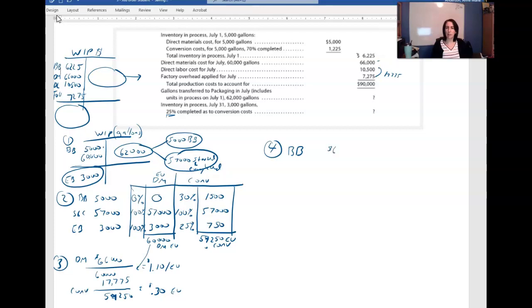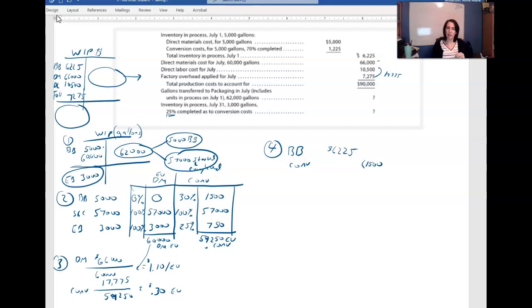So we're going to start off with a 6,225. And what we're looking at is what did it cost us to finish them. Well, they didn't need any direct materials, right? They had no direct materials, but they did require a bit more conversion costs. So the conversion costs, I'll do the math on the side here, was 1,500 equivalent units, right?